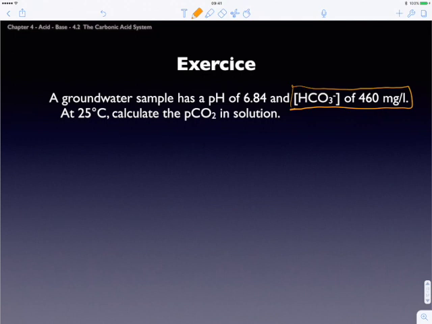You know that at this pH that is close to neutral, the main form of DIC will be under the form of bicarbonate. So we will not care about other forms of DIC such as carbonic acid or carbonate. What is the PCO2 at 25 degrees?